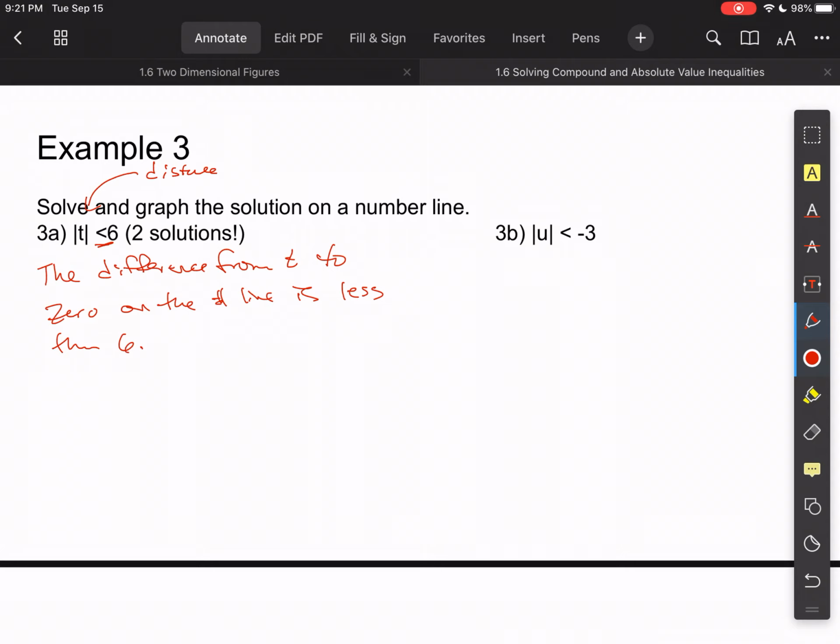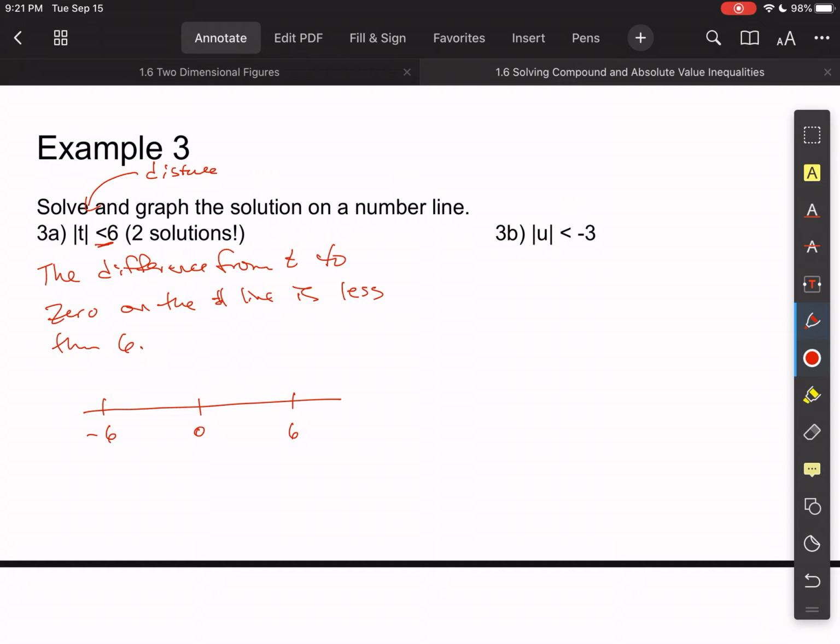If we don't even worry about math, and we just think about that, here's 0. If the difference of the variable that we're talking about, so like the number that we're talking about, from the value to 0 on the number line is less than 6, then what we're saying is we can go 6 in either direction, right?